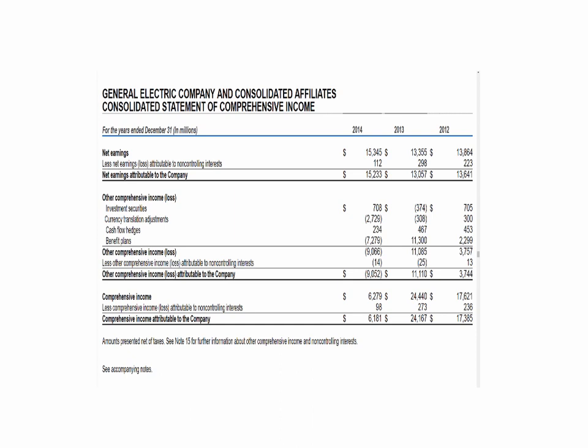This is the GE statement of comprehensive income for the years ended 2012, 2013, and 2014. And again, at the very top, we have basically the end of their regular income statement. They have their net income, less the earnings that attribute to the non-controlling interest, what we refer to as the income of the non-controlling shareholders, leaving us with what we call the income to the controlling interest, what they call the net earnings attributable to the company.